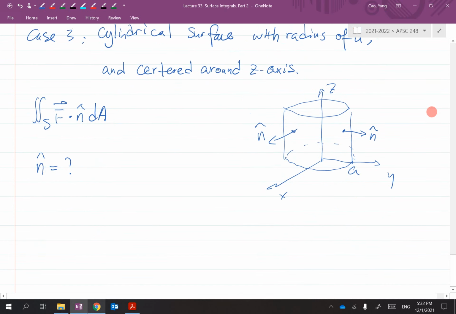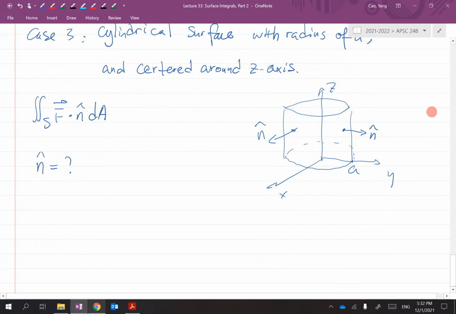Before we get to the n hat here, let me ask you a simple question. Let's say I give you a circle, and this circle has a radius of a. Basically, it's this circle when you look down from the top at the cylinder.